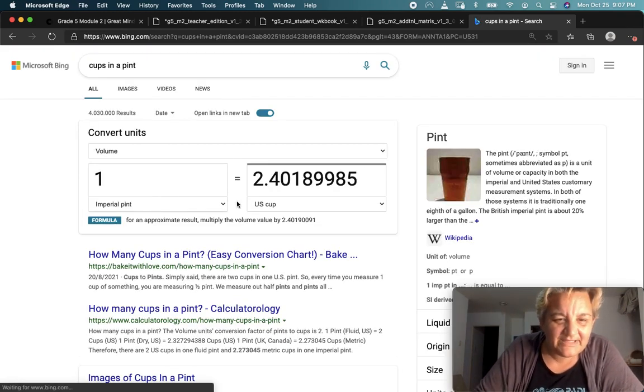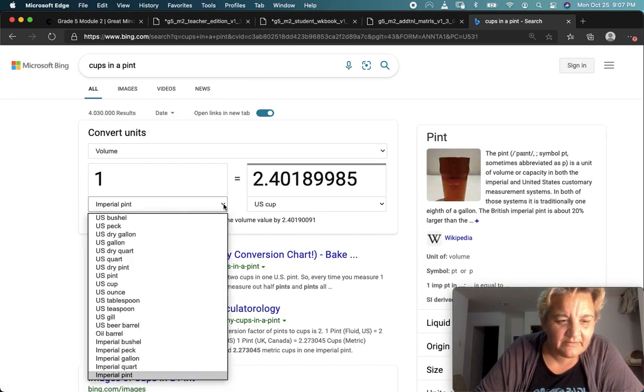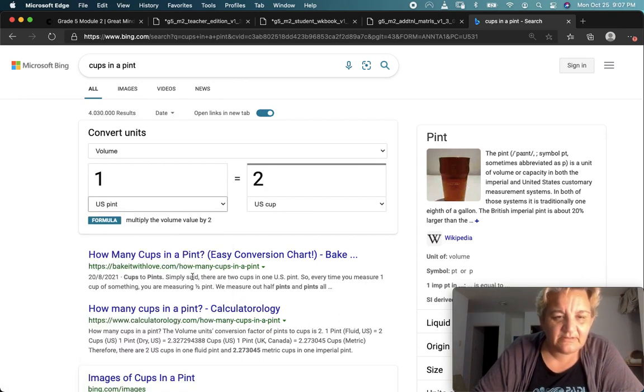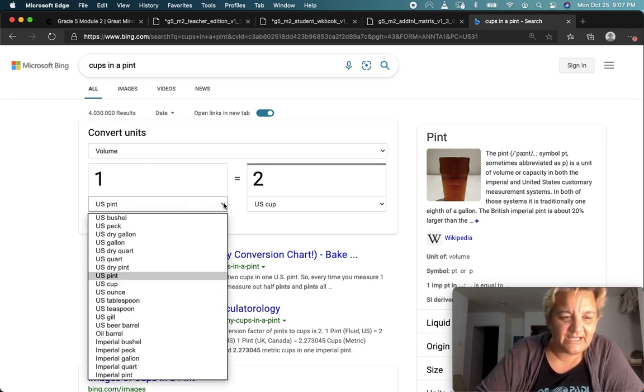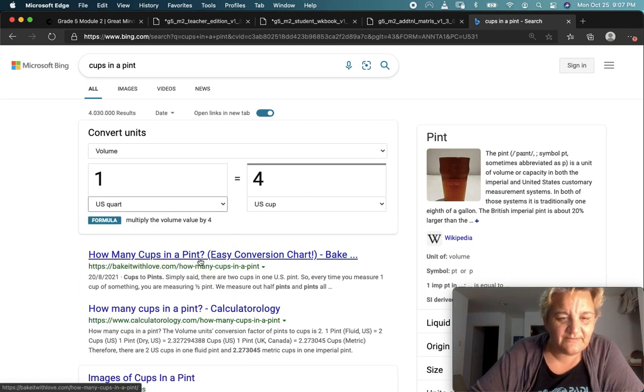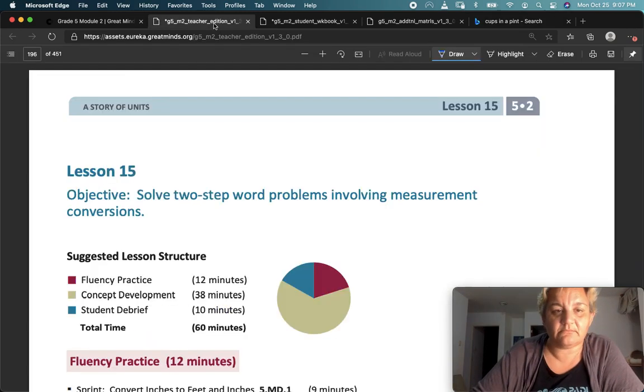All right, so pint, cup, 1 pint, maybe not imperial, 1 US pint. Okay, so 2 cups in a pint, and I want to know how many cups in a quart. So 4 cups in a quart.